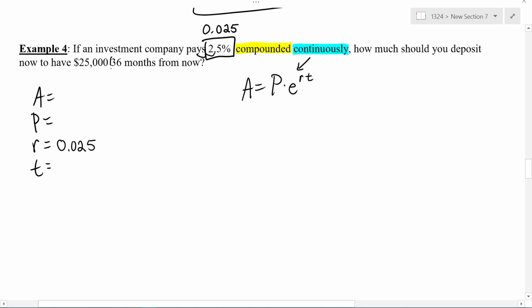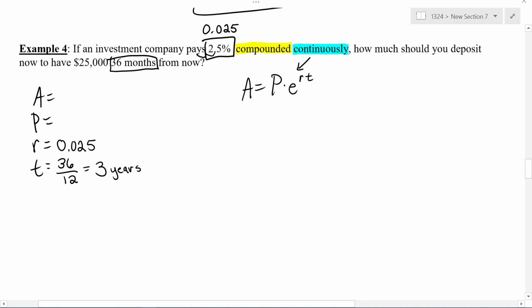Okay, what about 36 months from now? Remember that we want our T value to be measured in years. So when we see the unit of months, we're going to take the months value that we're given in the problem and divide by the number of months in a year, which is 12. 36 divided by 12. If you want to, you can simplify that, and that would be 3 years.